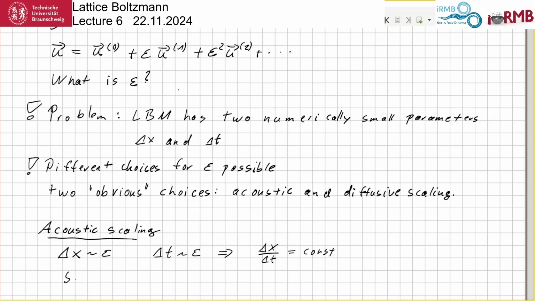So this also means that the speed of sound, which we have identified in Lattice Boltzmann to be, you remember, 1 over square root 3 times delta x by delta t, is also constant.